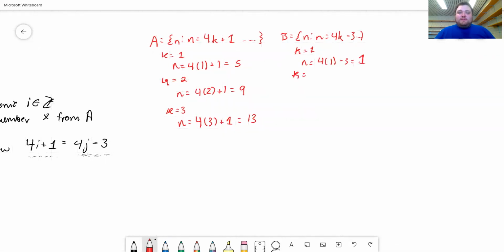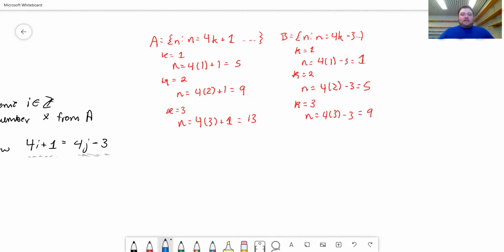If k is equal to 2, then n is equal to 4 times 2 minus 3, which is equal to 5. And if k is equal to 3, n is equal to 4 times 3 minus 3, which is equal to 9.